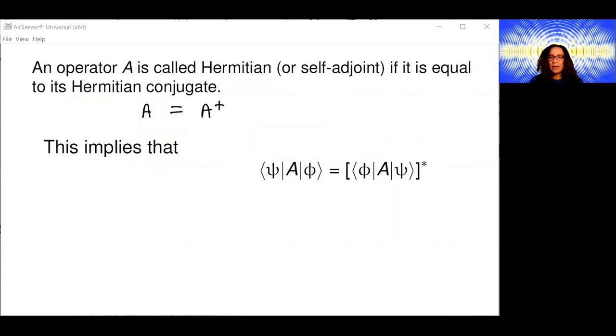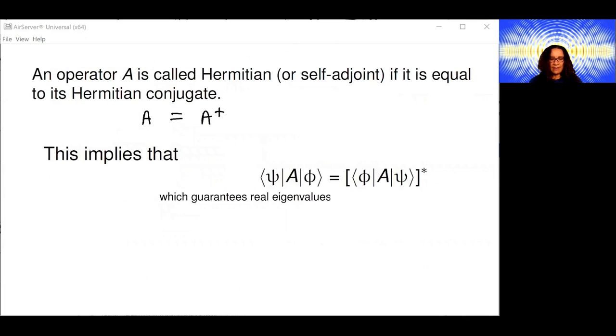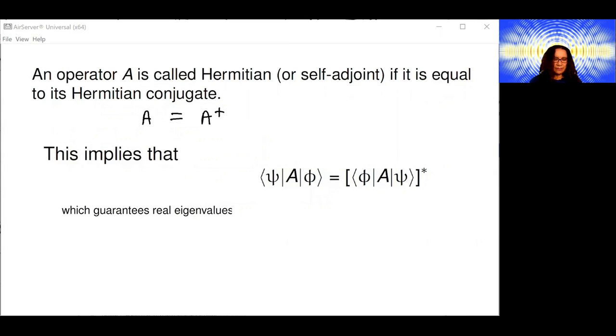And a big consequence of Hermitian Hamiltonians is that you can guarantee that the eigenvalues are real.